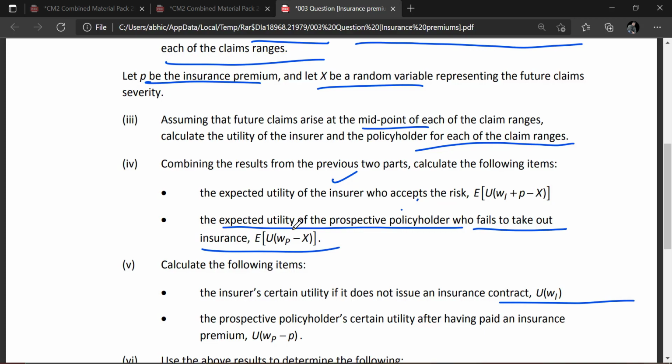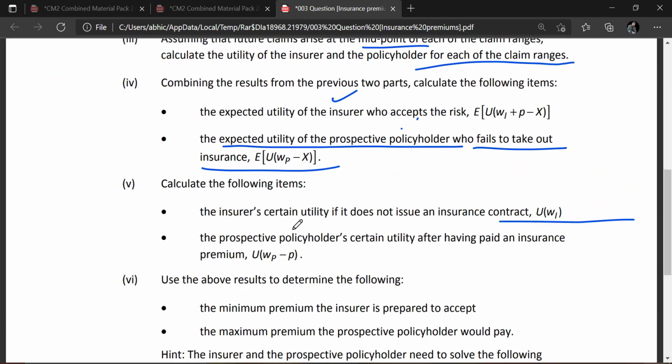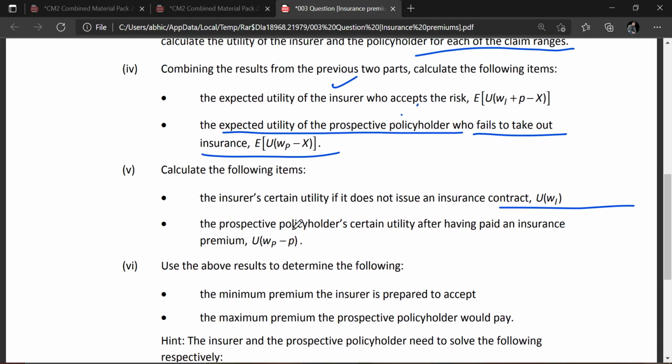The point is that there are two assumptions here. For the insurer and for the policyholder, you can have two cases for each of them: in case they take insurance, or in case they don't take insurance. That is, in case the insurance contract happens or in case the insurance contract does not happen. If the insurance contract happens, the claim is paid by the insurer, and in case the insurance contract does not happen, the claim is paid by the policyholder.